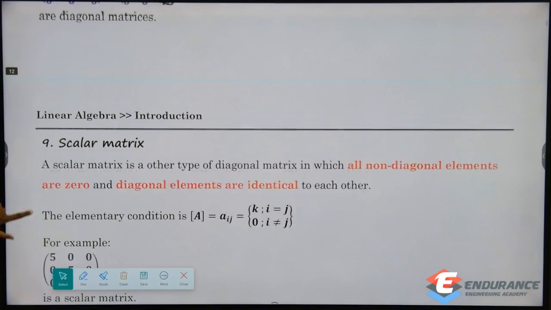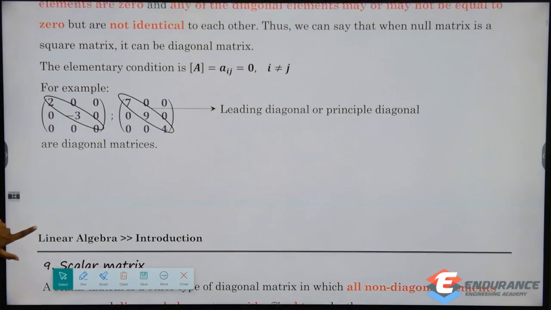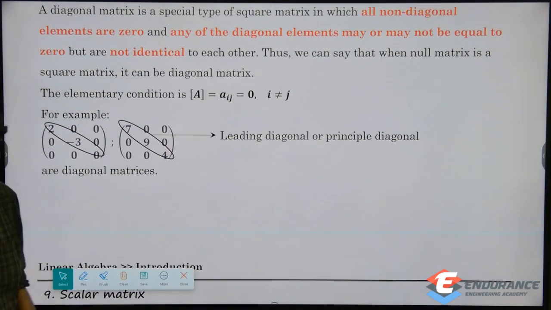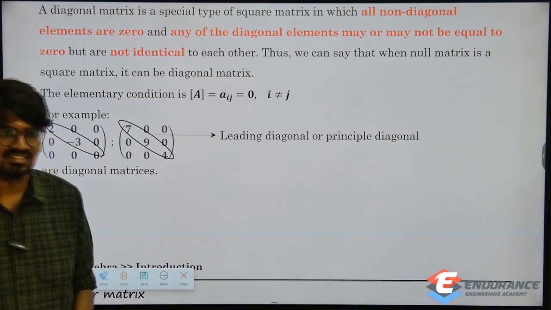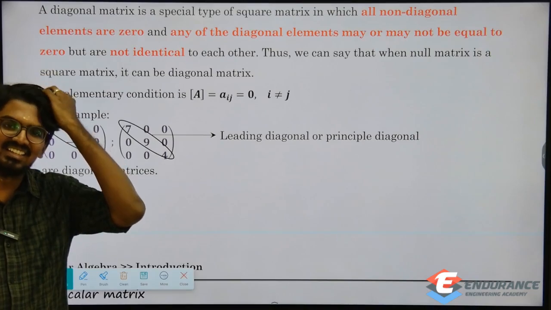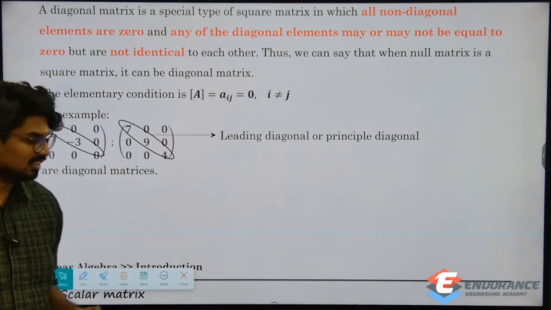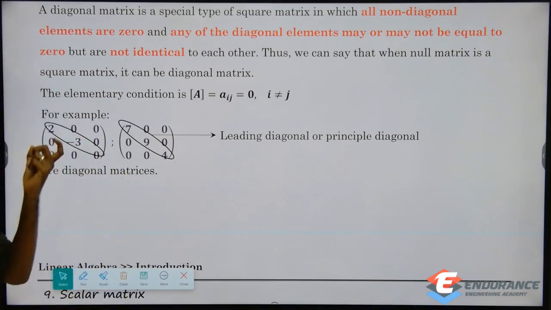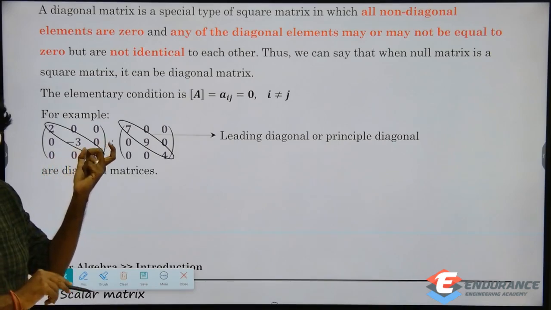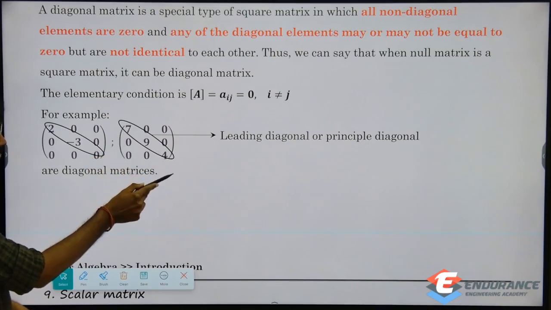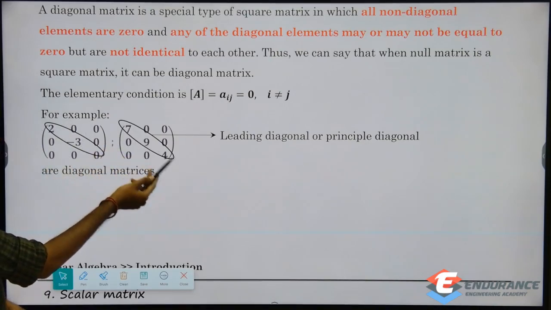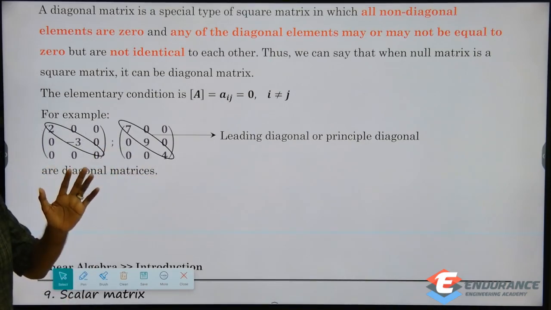Scalar matrix. Any ideas? Scalar. Unit matrix. All diagonal elements will be same. See, scalar matrix is a diagonal matrix where all the diagonal elements will be same. In case of diagonal matrix, the diagonal elements can be different. Okay, 2, -3, 0, 9, 7, 9, 4, the diagonal elements can be different.